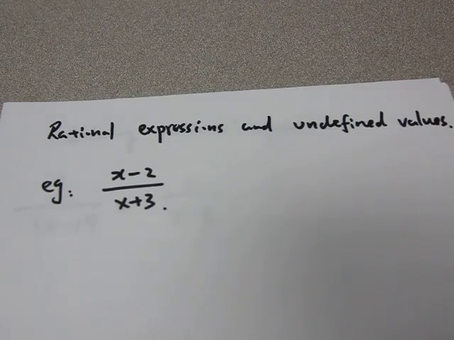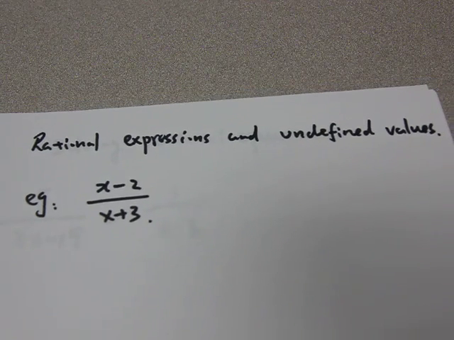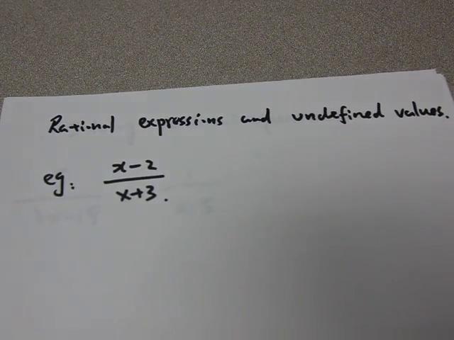Okay. Next, I want to talk about how to solve rational equations. But before I show you how to do that, I want to show you what the undefined values of rational expressions are. The undefined values of a rational expression are numbers that will make the denominator of the expression be zero.